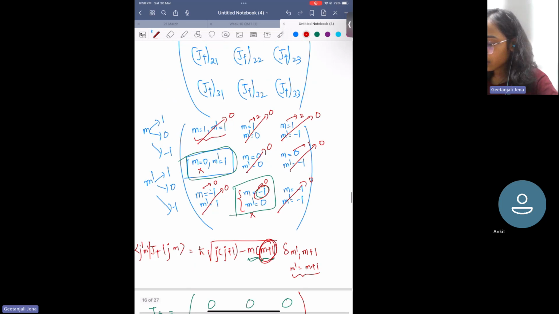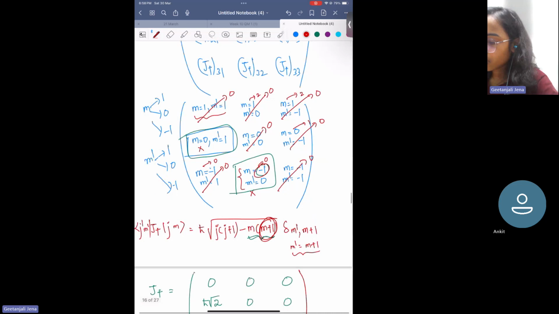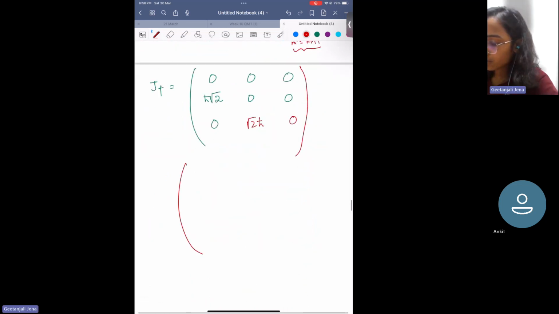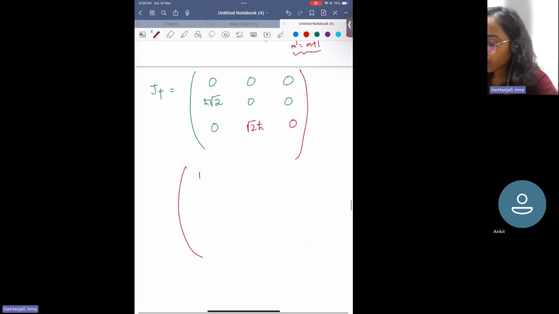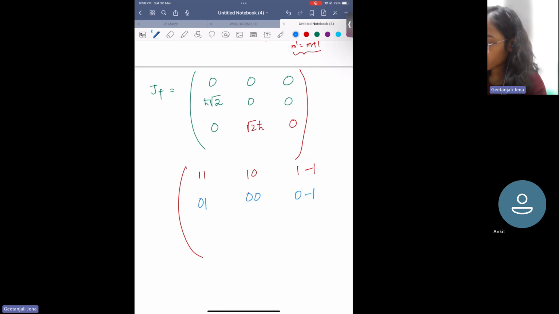Okay, so I have taken the combination, for finding the matrix element, like I have started from 1, 1, 1, 0, 1, minus 1, 2, 1. Sorry. Then I have changed 0, 0, 1, 0, 0, 0, minus 1, then minus 1, 1, minus 1, 0, minus 1, minus 1.